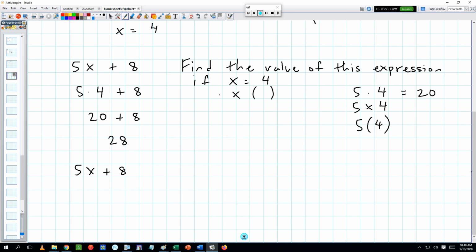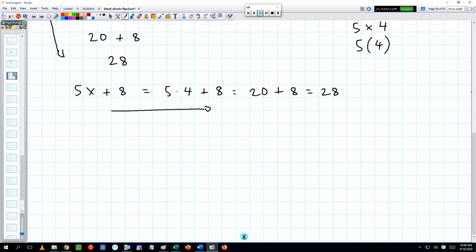You want me to replace the x with a 4? Sure. So 5 times 4 plus 8 gives me 20 plus 8 gives me 28. I like working these expressions down like this right here. Some people like to work them sideways. I'll let you decide which way you want to work them.